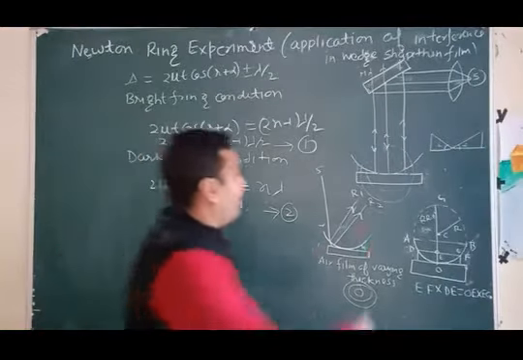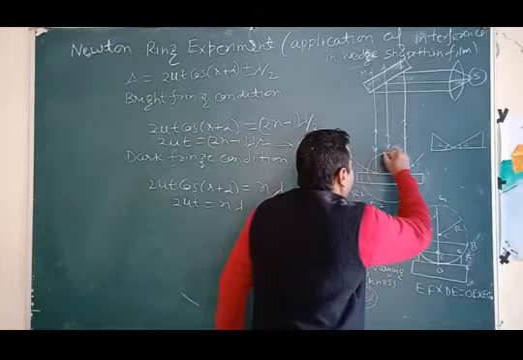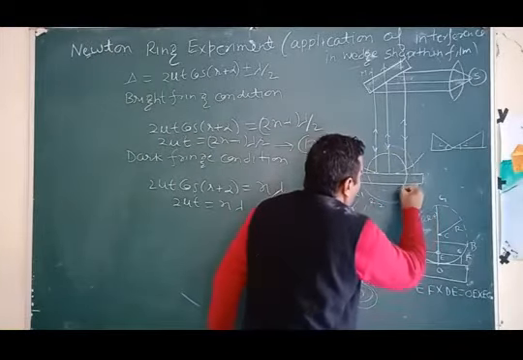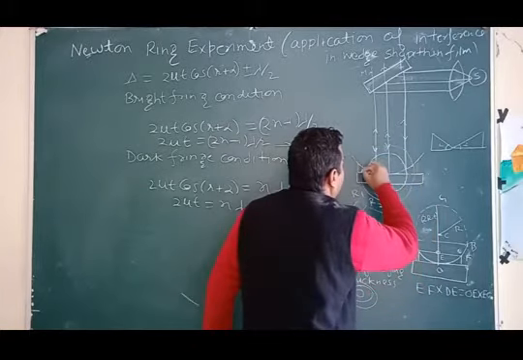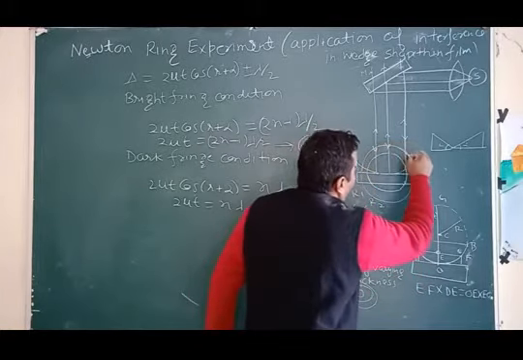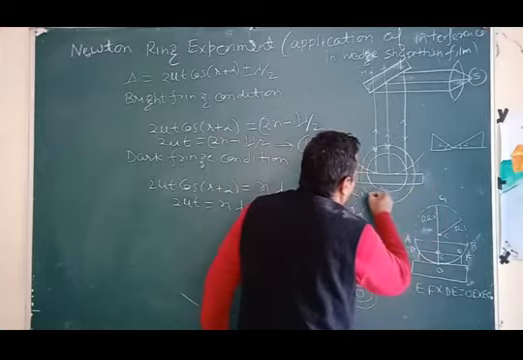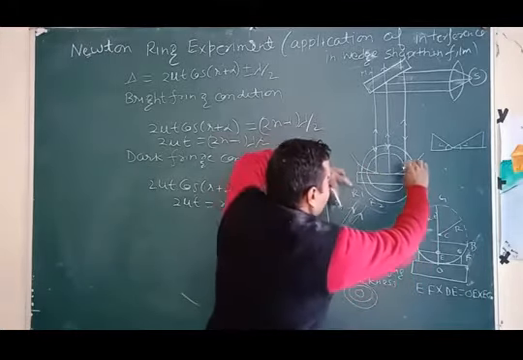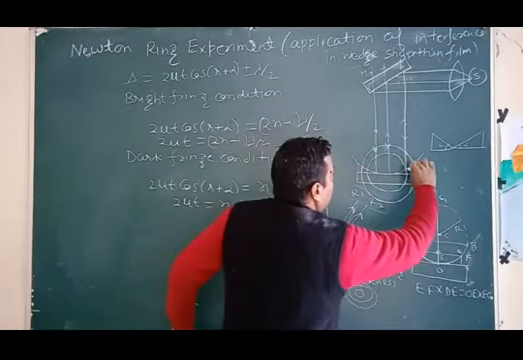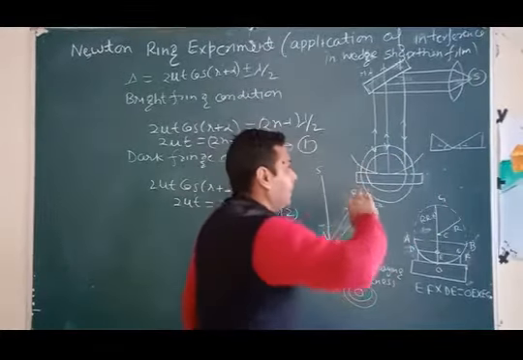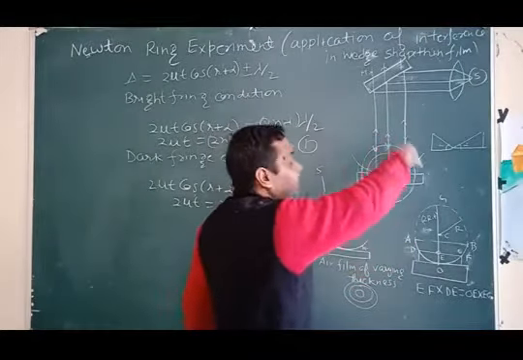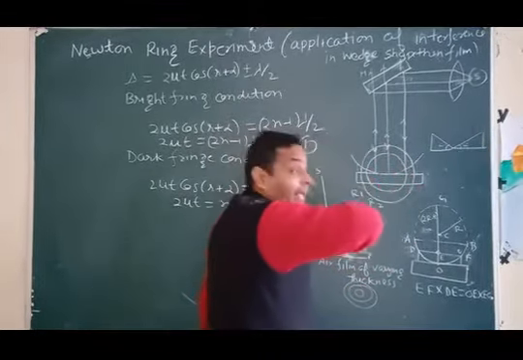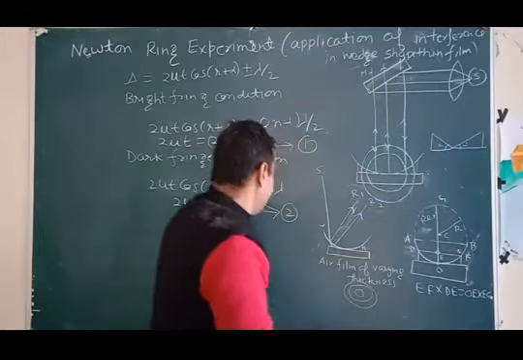Now we get the interference pattern in the form of rings, of equal thickness. Here is T1, here is T1, here is T2, here is T2. Points of equal thickness will create a circle, that is basically a bright and dark ring.